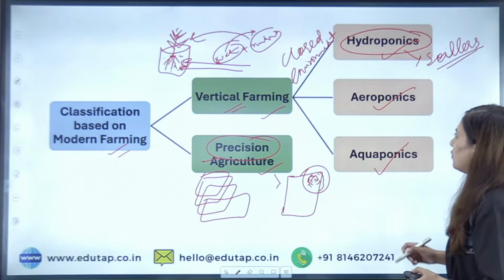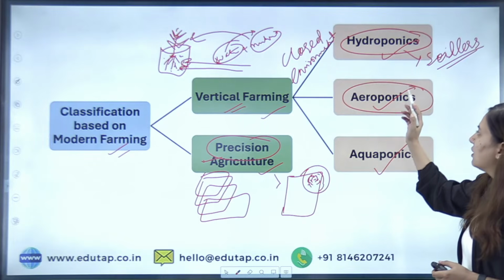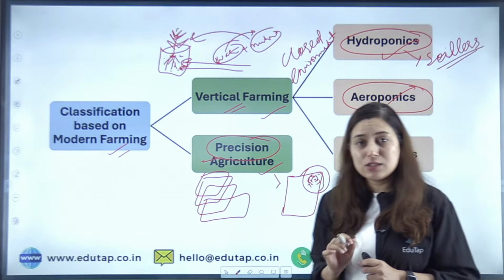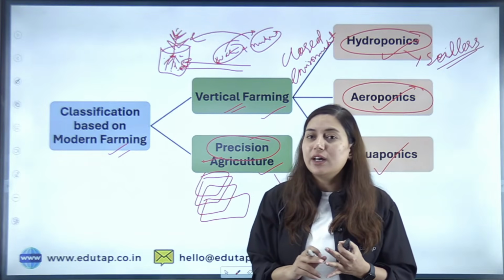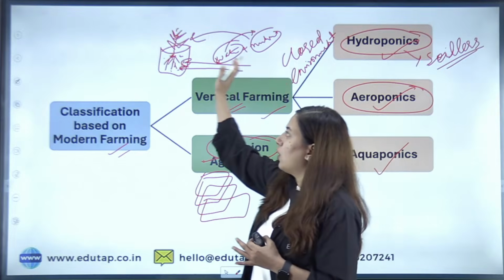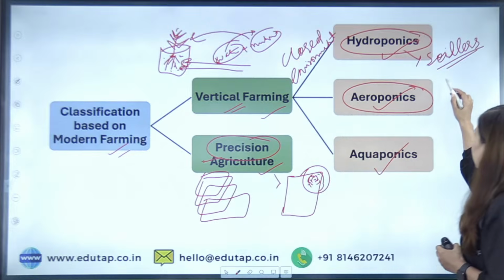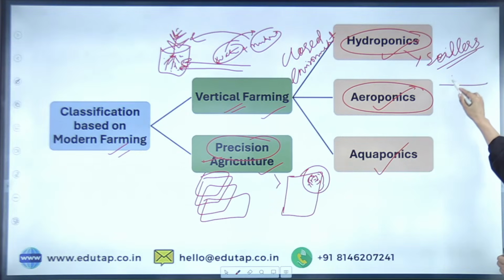Okay, coming to the next, that is aeroponics. So students, in aeroponics also, you are not using soil, first of all. Neither are you directly supplying water to the plant root. So what is done in aeroponics?